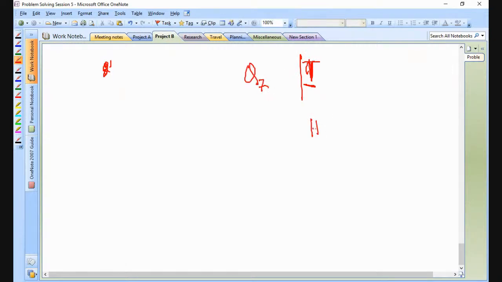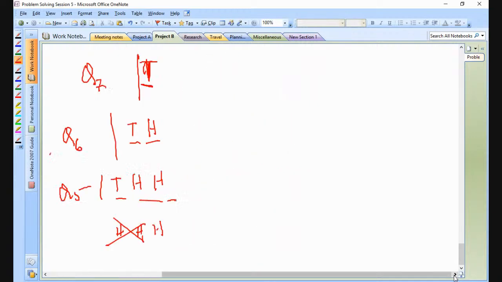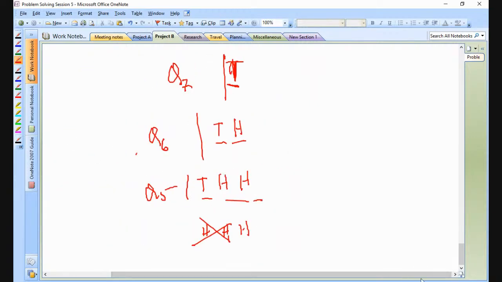If the 8th toss is H and the 7th is T, then it's Q6. If it's HHT, then it is Q5, and HHH is not possible. So these are all the possible cases. If it's H, then it will be HT or HH. If it's HH, then it can be HHT or HHH, and HHH will not be possible. So we have 3 possible disjoint partition cases, guys.